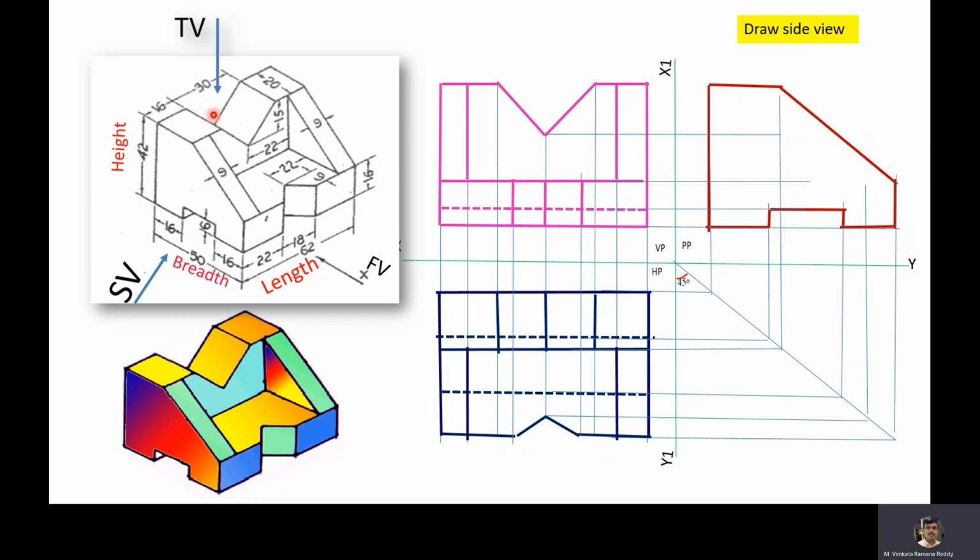After that, this V groove along the breadth direction, this lower end line is not visible. That is at a distance from top 15 mm. From top at a distance of 15 mm, we'll draw this line as a dotted line. Its breadth is 20 mm.